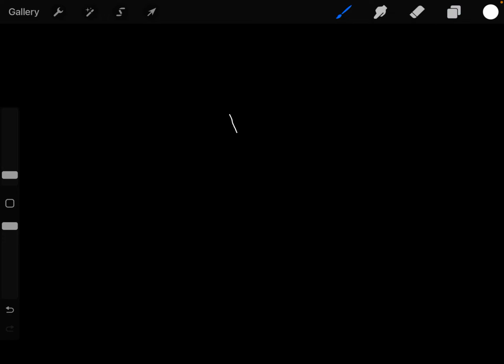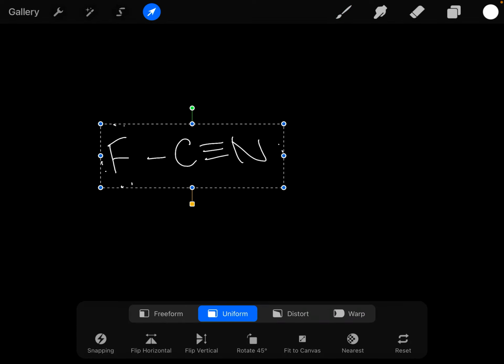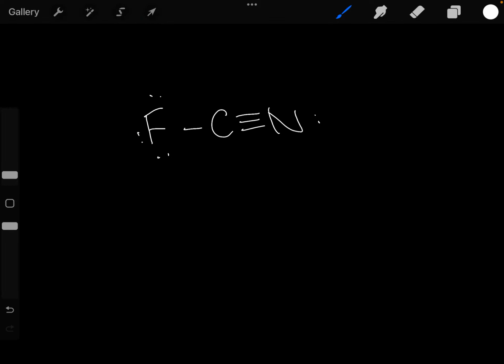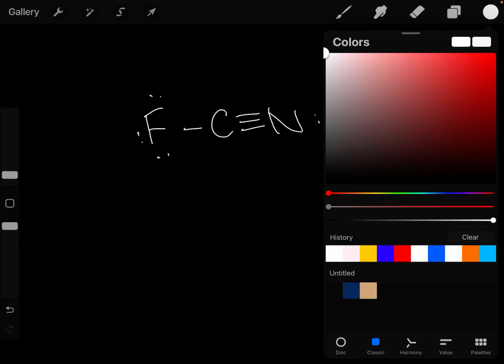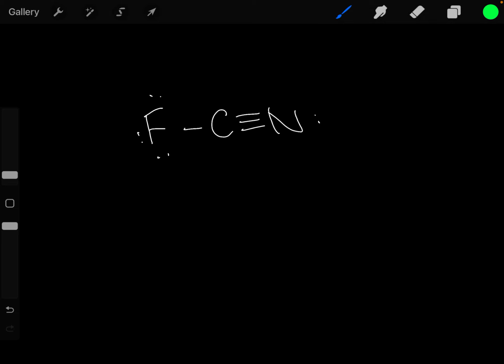So let's take, for example, FCN. Let's count the number of sigma bonds we have in here. In order to find sigma bonds, we just look for the number of single bonds, right?